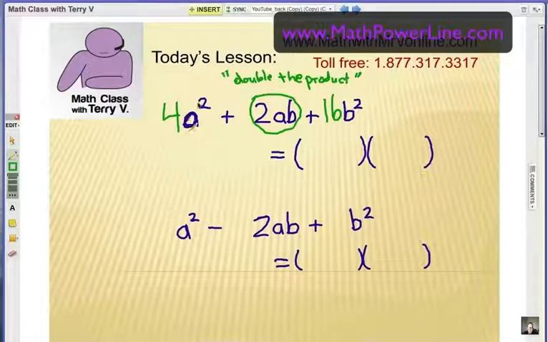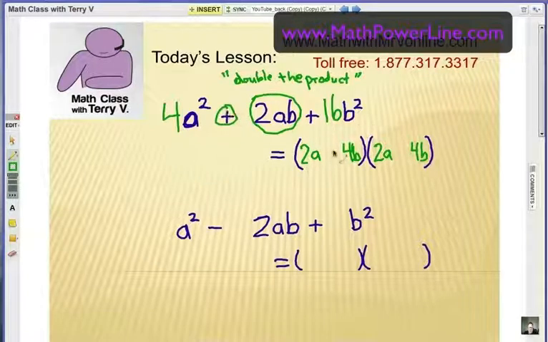Well, first of all, 4a squared, we know that that's going to be 2a and 2a. No problem there. 16b squared, since we have to take the square root of that, that'll be a 4b and a 4b. And again, we take the sign of the middle term, so it's going to be a plus in both binomials. So I look at these two roots here, a 2a and a 4b. If I multiply those together, that's going to be 8ab, but I double that.